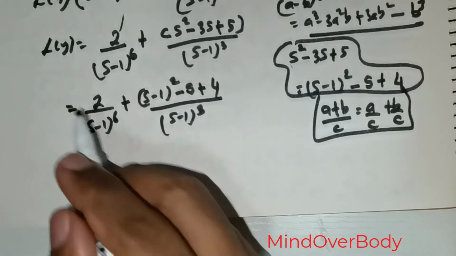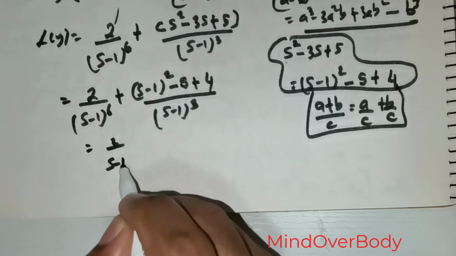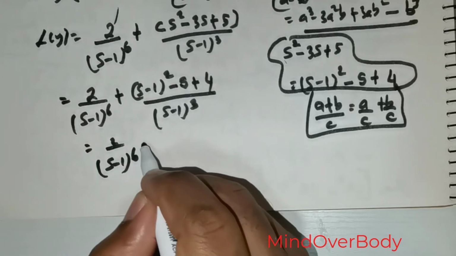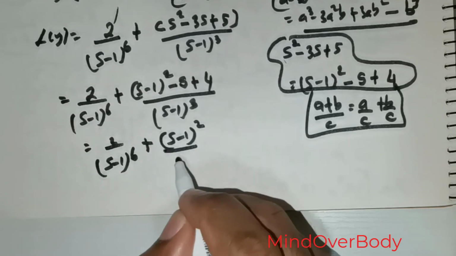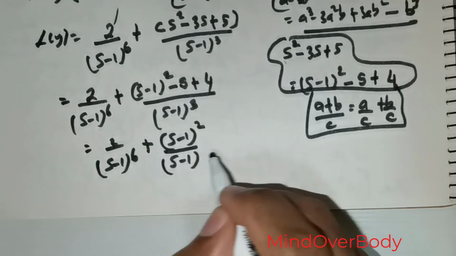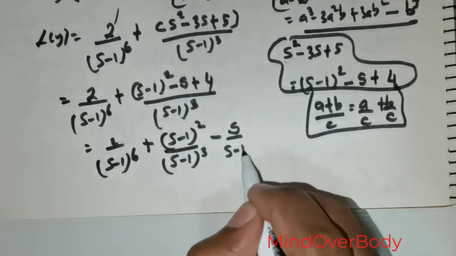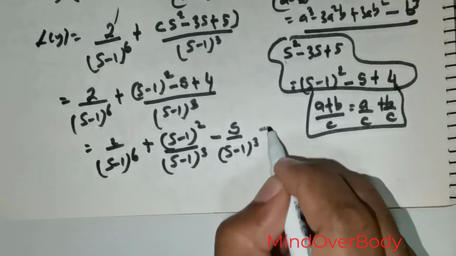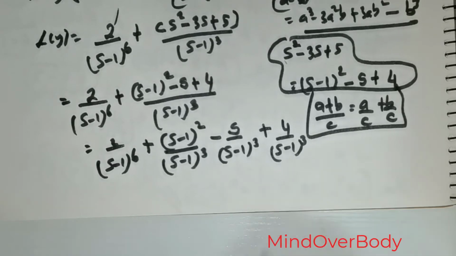So if I use that, I can rewrite this as 2 over (s - 1)^6 plus (s - 1)² divided by (s - 1)^3 minus s divided by (s - 1)^3 plus 4 over (s - 1)^3.